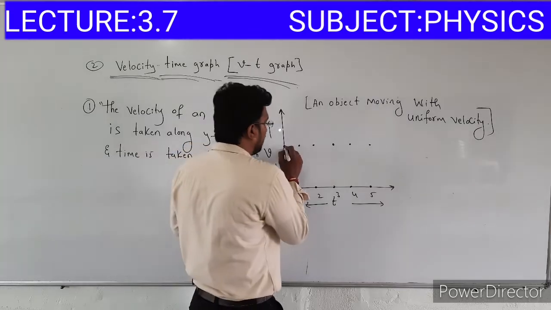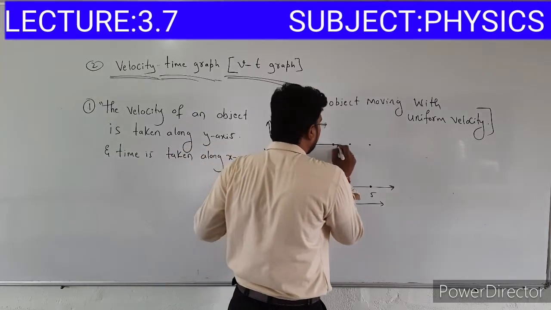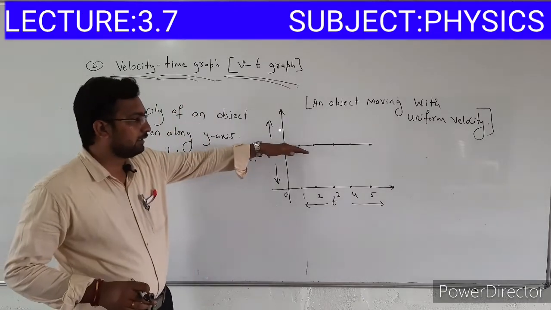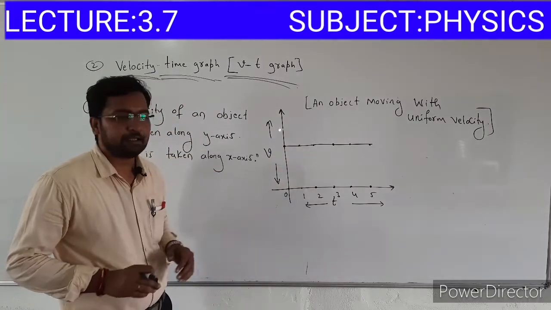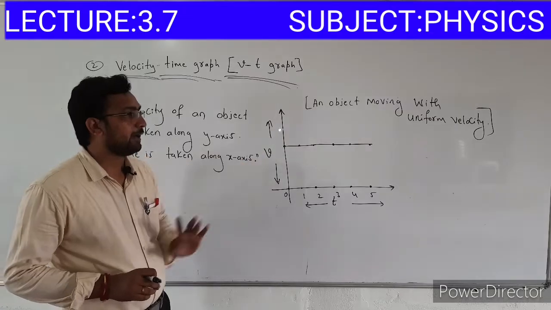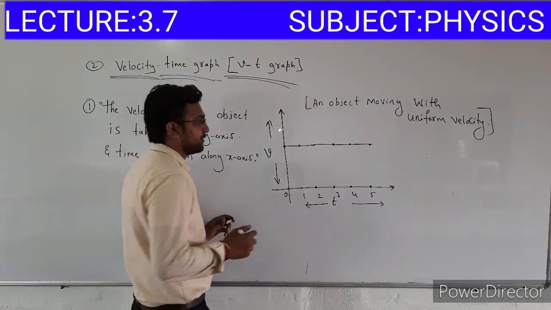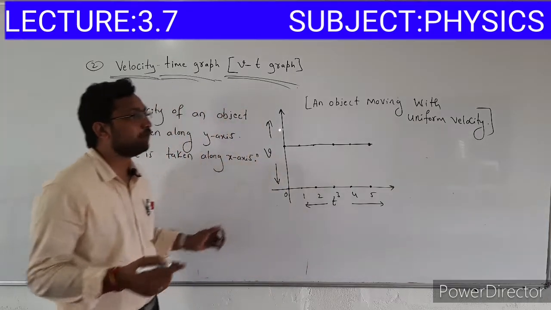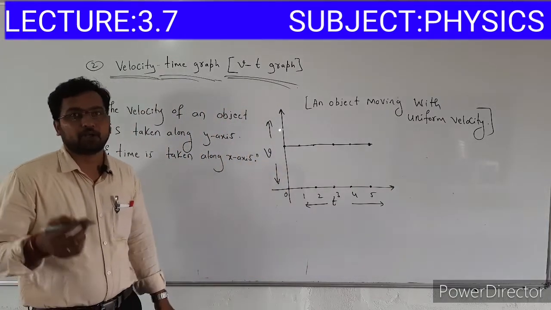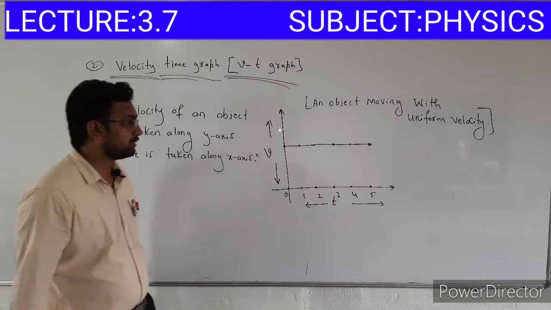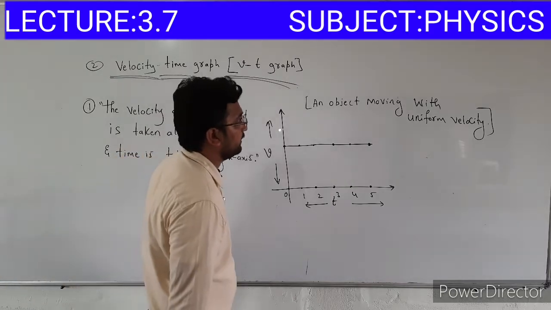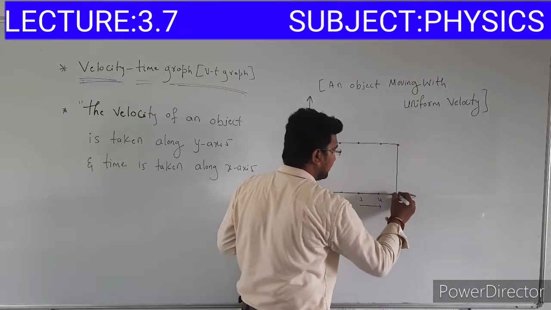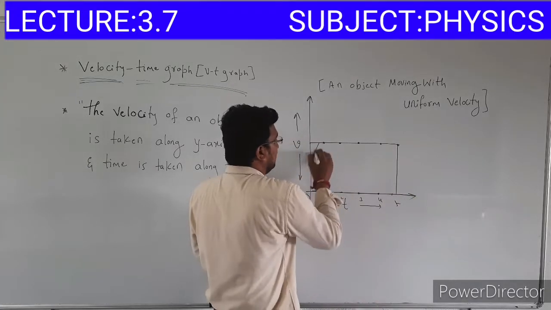So if we join all the points, this line is parallel to the x-axis, right? So this graph denotes an object moving with uniform velocity. We are joining these points, right?